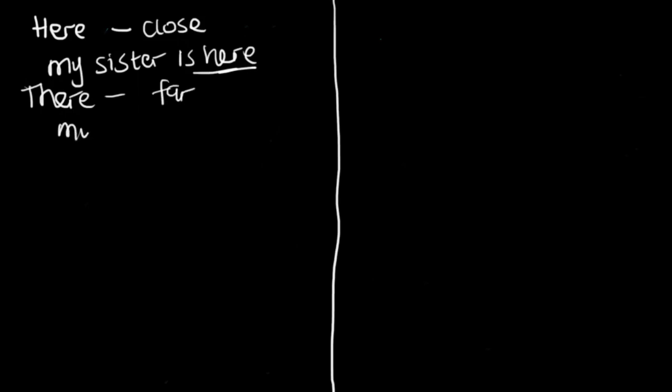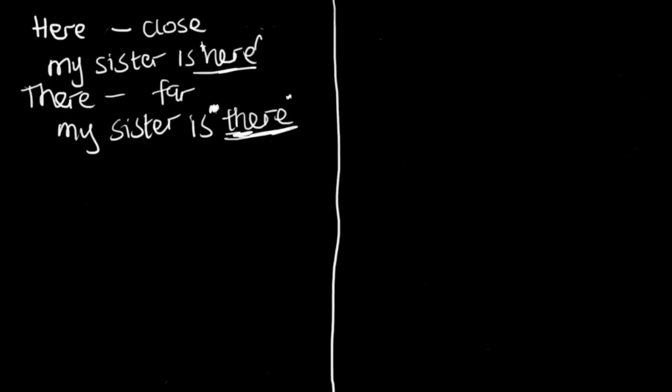My sister is there. I mean, she's not where you are, she's kind of far away from you. So with many sentences that make use of demonstrative pronouns, you will see "here" or "there." That's to show whether it's something near or something far. So you know what you are picking because of the "here" and the "there" that was used.